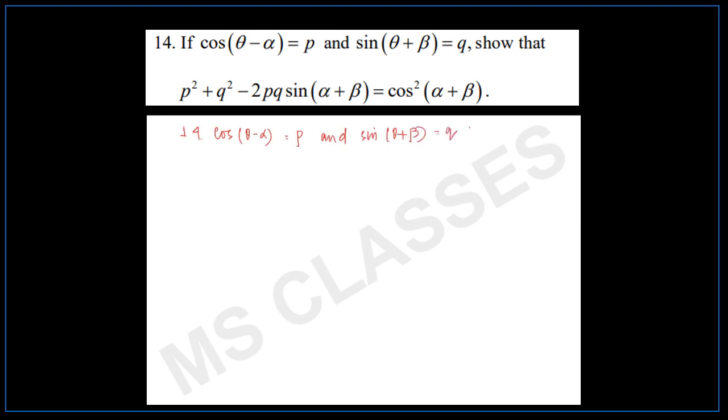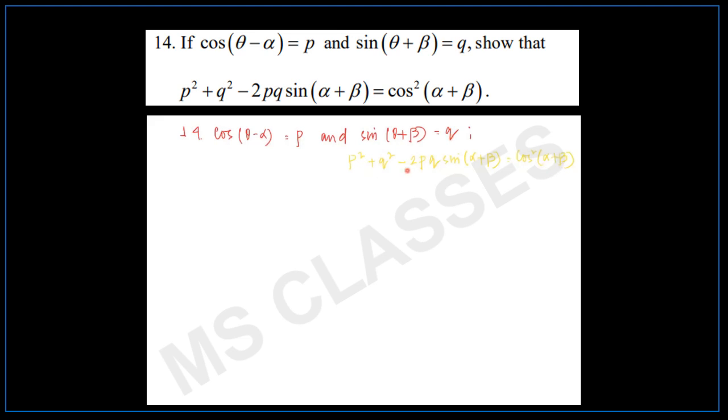And what you need to find out here, we have to prove that p square plus q square minus 2pq sine(alpha plus beta) equal to cos square(alpha plus beta). So this is what we need to show or prove. Cos(theta minus alpha) is p given, sine(theta plus beta) equal to q given. And we have to prove this one.